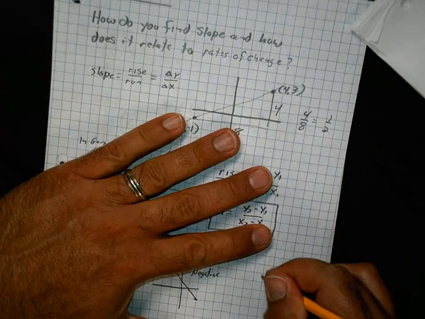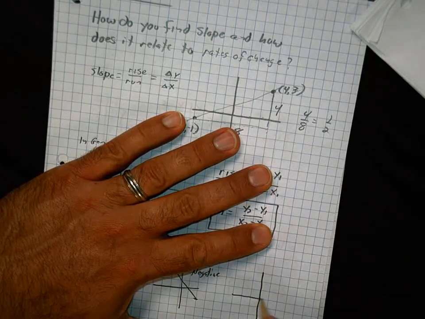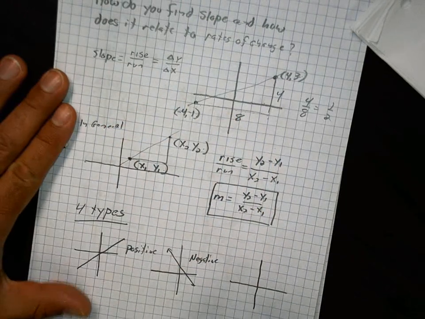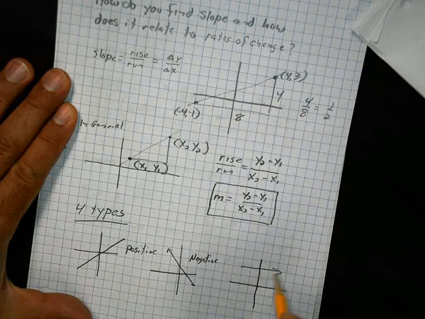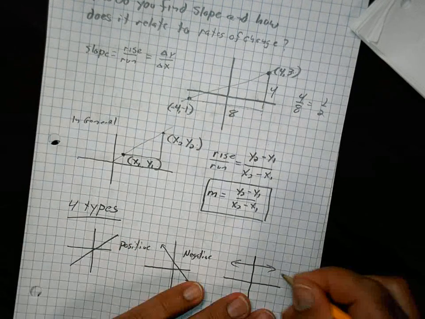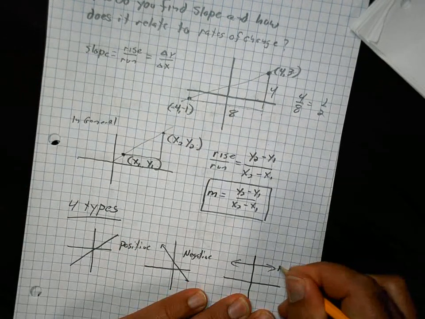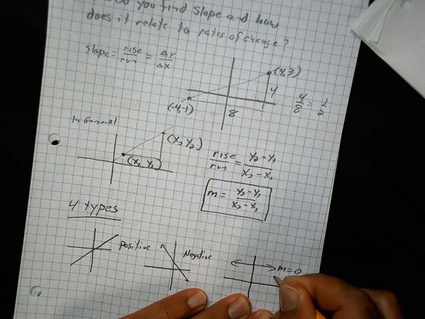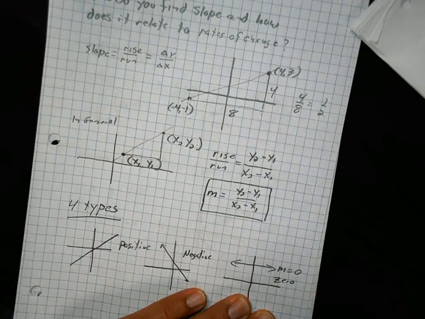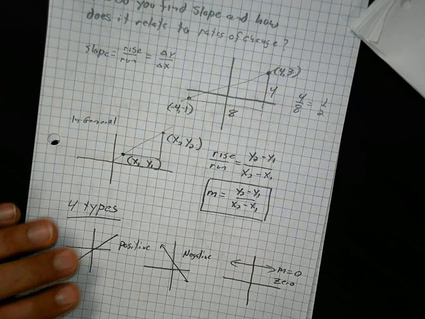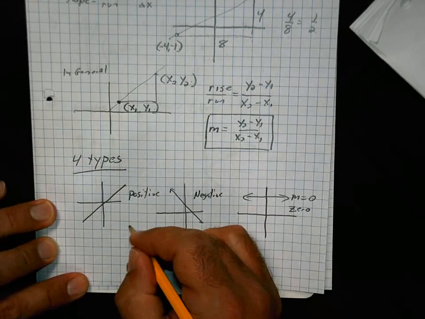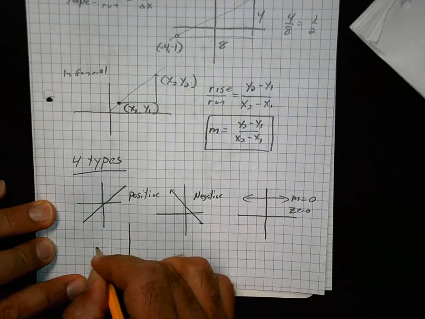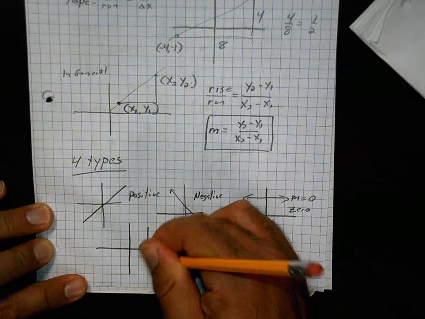Those are pretty obvious, but we could also have a horizontal line like so, which would have a slope of 0. 0 slope.